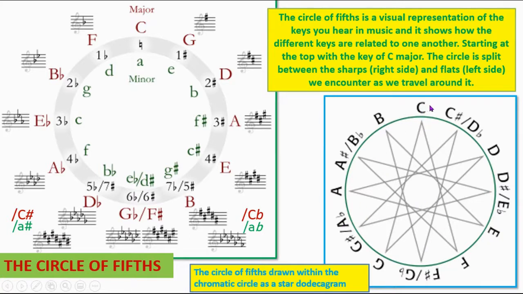So if you put the chromatic scale in a circle, what is the chromatic scale? That you go up in half notes, yes? And you make this star, dodecagram, then you will actually get the perfect fifths.